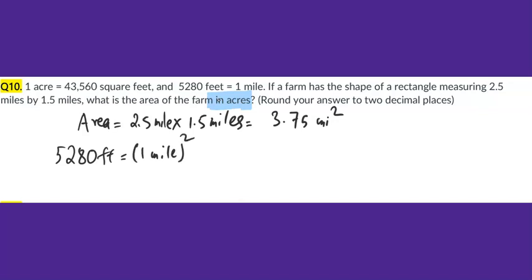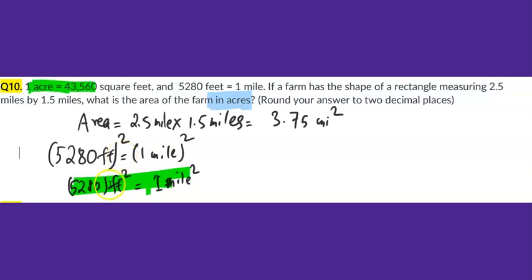If you square both sides, you get 5280 squared square feet equals 1 square mile. I'm going to use this unit conversion factor, and the acre equation, to change square miles to acres.